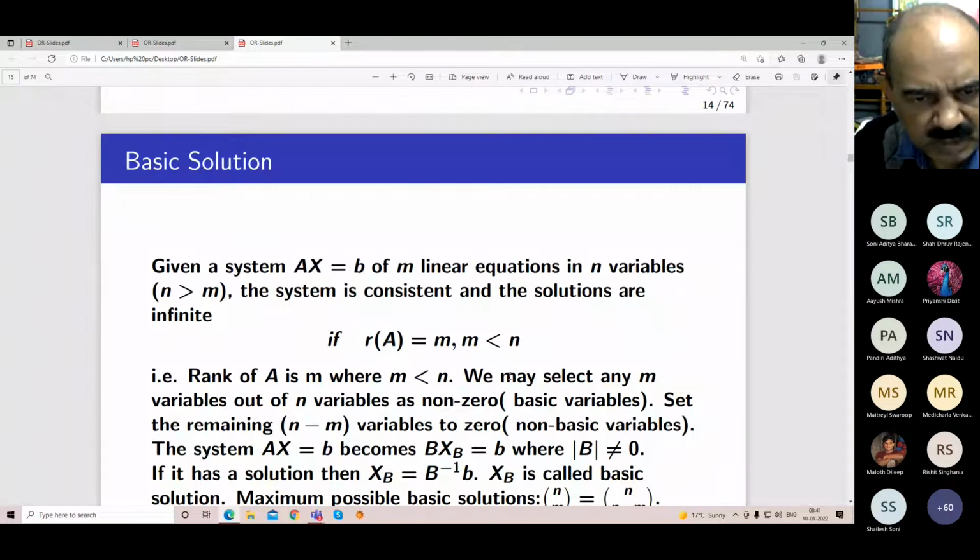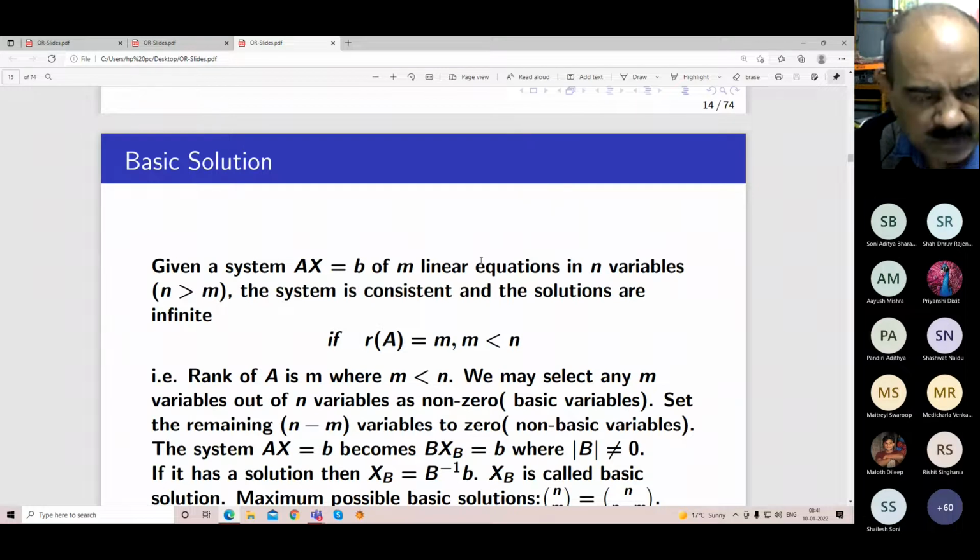Here the condition is that the system is consistent and the number of variables is more than the number of equations. What do you observe? It is consistent and there are more variables, so this system has solutions, but the solutions are infinite.